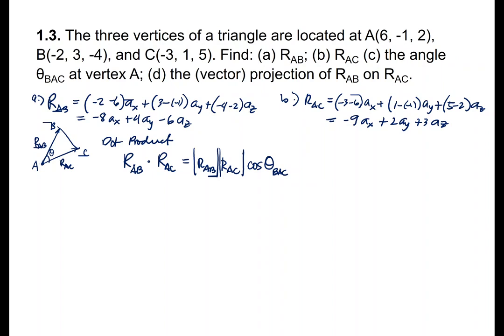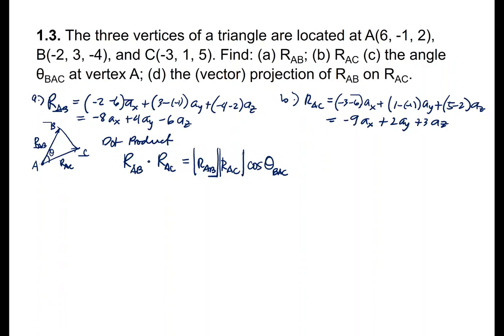If you are looking at vertex B, what you would use is RBA and RBC, where RBA dot RBC equals the magnitude of RBA times the magnitude of RBC times cosine theta ABC. But in this case, we're using vertex A.